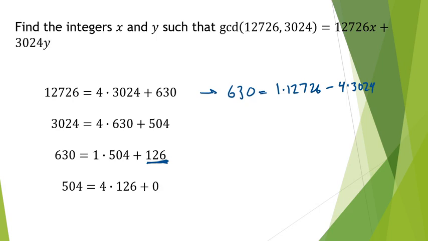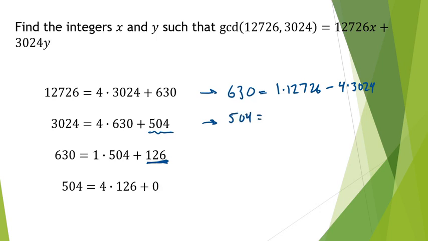It may seem like I'm writing this in a weird way, but you'll see why as we go through these problems. We're going to do the same thing for the next row. The remainder in this row is the 504, so I'm going to solve for the 504.